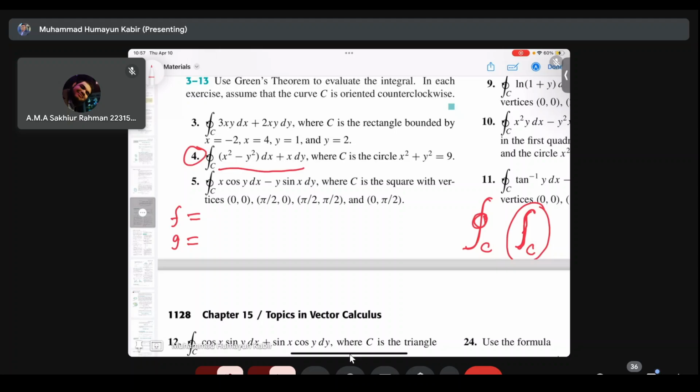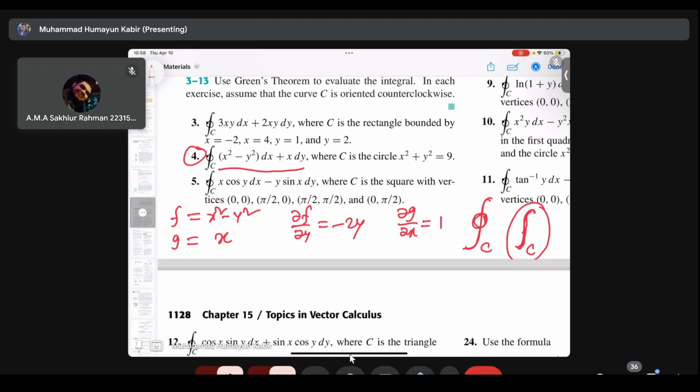For number 4, f of x squared is minus y squared. And for g, this is x. Now, del f del y and del g del x. What is del f del y? Minus 2y. Del g del x? 1.